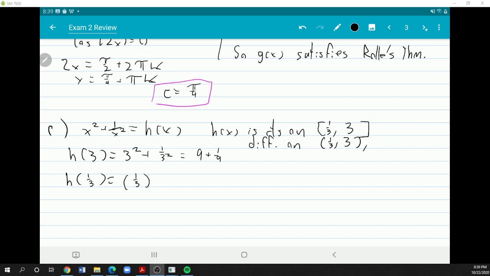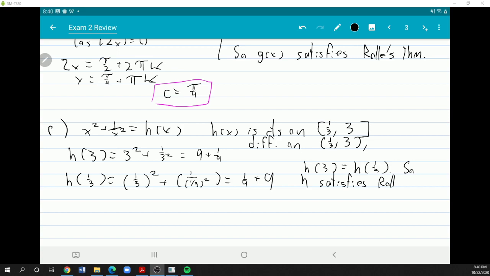So now I plug in 1/3, and I get 1/3 squared plus 1 over 1/3 squared equals again 1 over 9 plus 9. So those two are equal. H of 3 equals h of 1/3. So h satisfies Rolle's theorem.